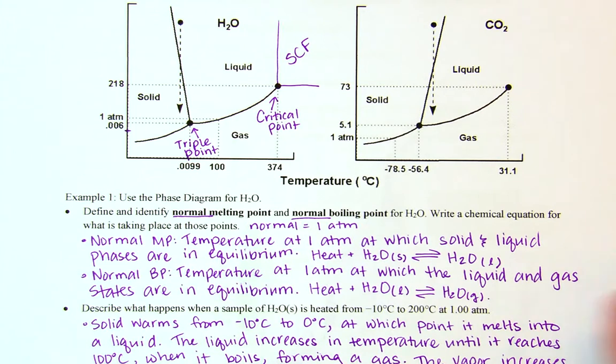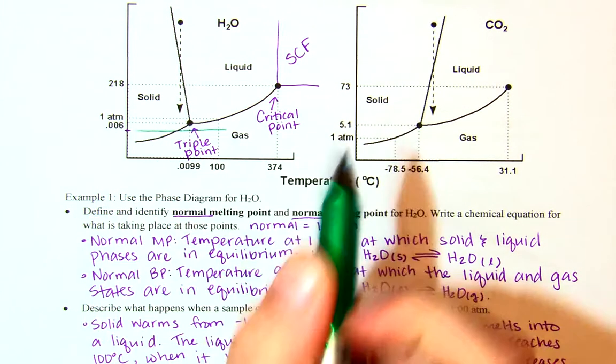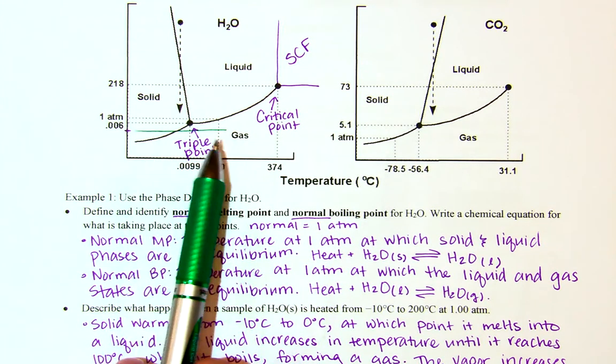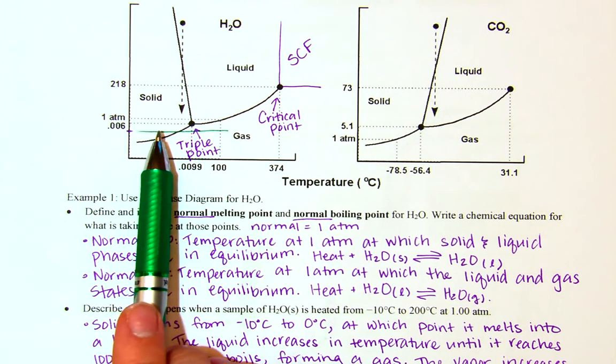So if we're below that line, using a different color, we can see that we're not going to run into the liquid phase at all. We're going to go straight from solid to gas. We're going to sublime at a lower pressure. Now, sublimation goes directly from solid to gas.